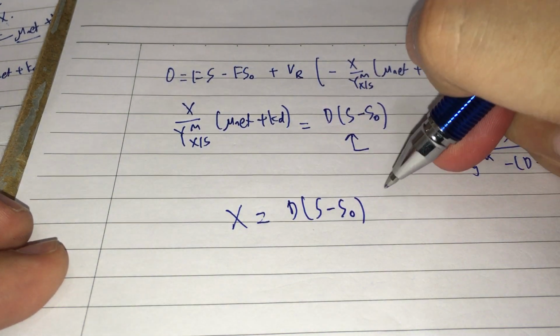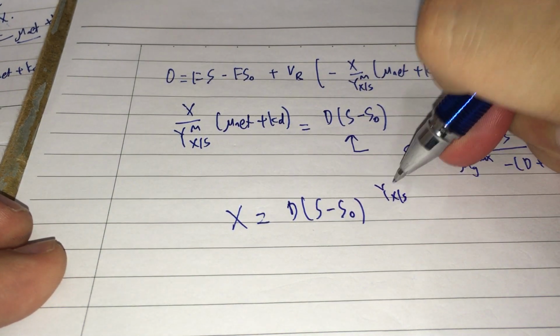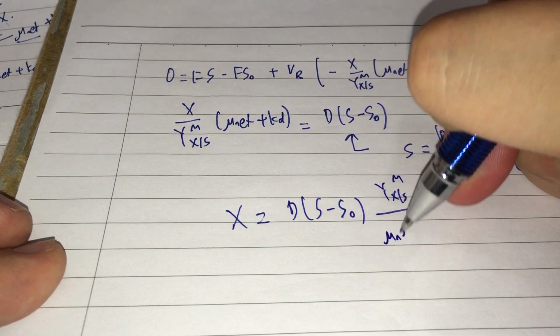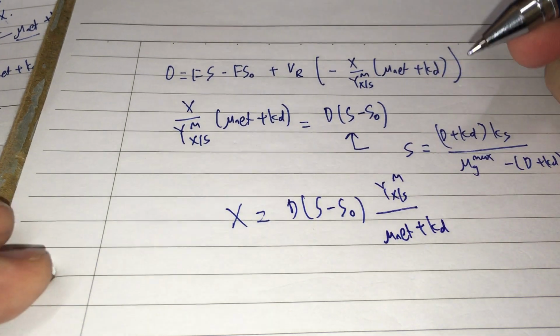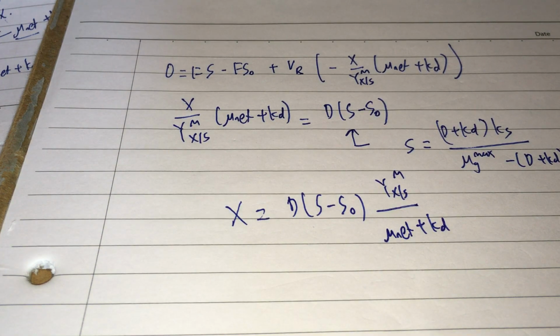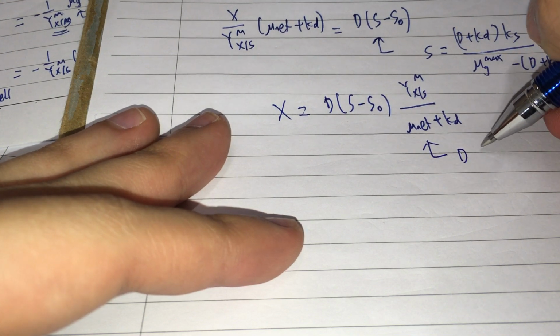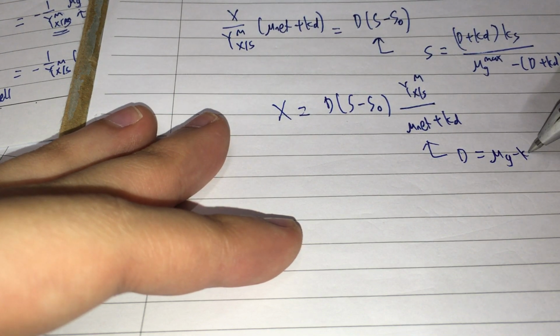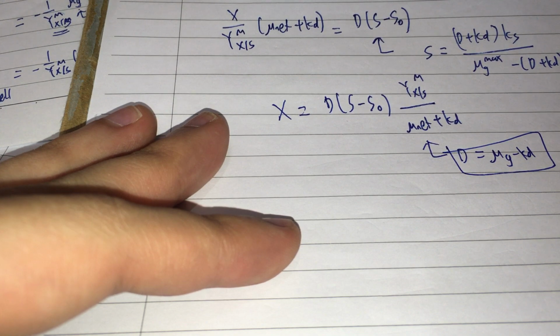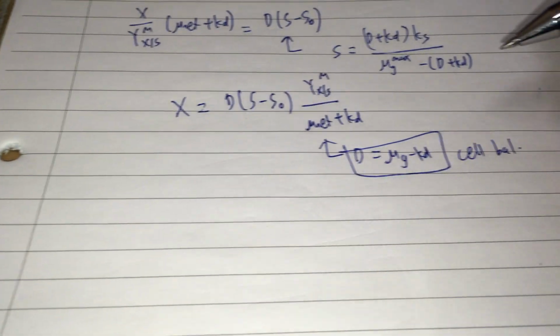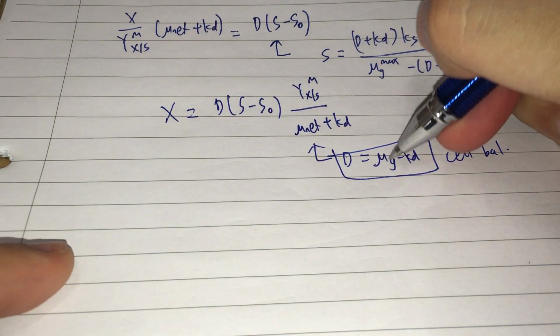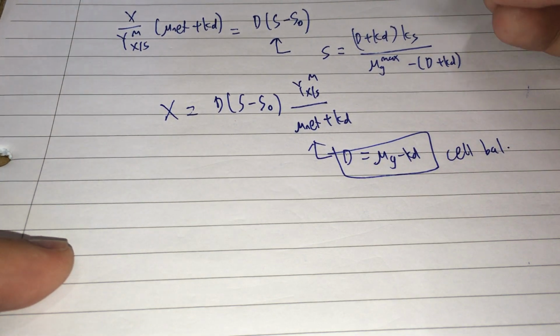So we have Y x by s maximum for mu net plus kd. Mu net is nothing but D, equal to mu g minus kd. This is from the cell balance. So that eliminates one more variable, because mu g minus kd is just mu net.